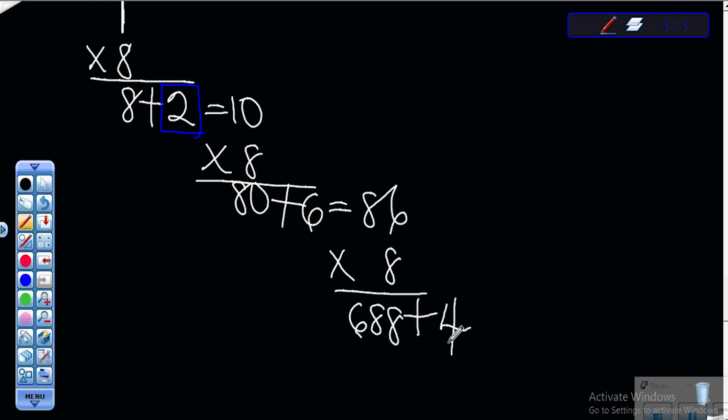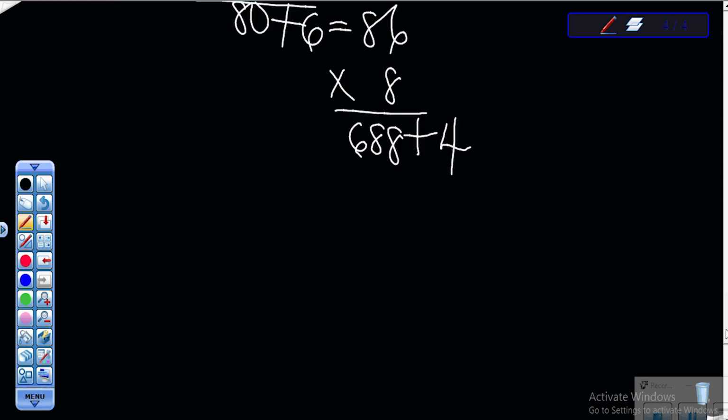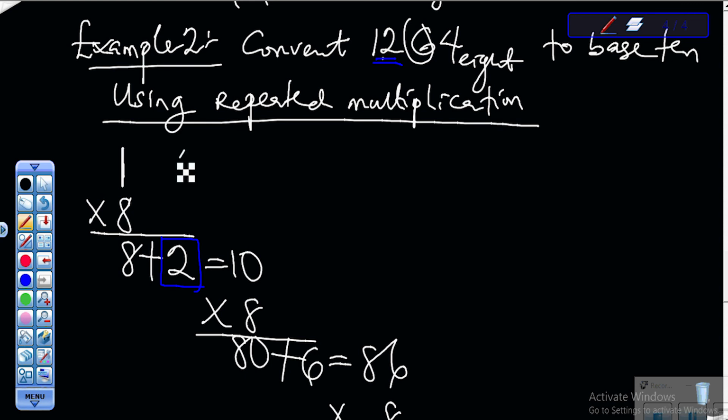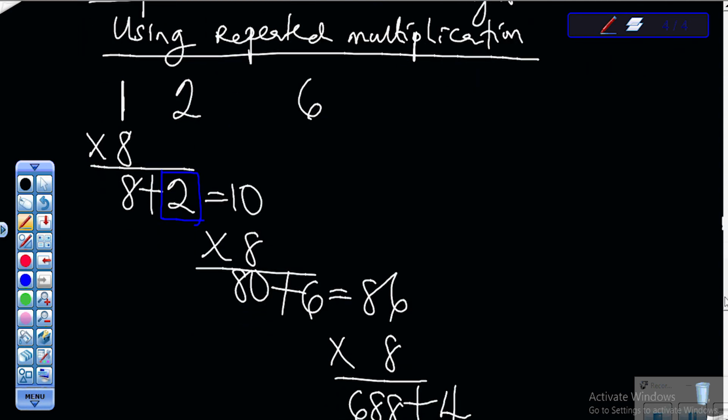So you observe that at the end, you are having your digits as the figures you are to be adding, while your base is the figure you are to be multiplying. So I'm trying to write it out so that you see what I'm trying to say. You see that 1 is the first figure, then 2 is being added to it, then 6 is being added, and finally 4 is added.